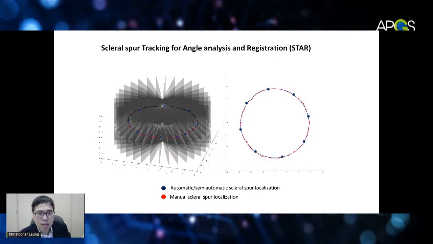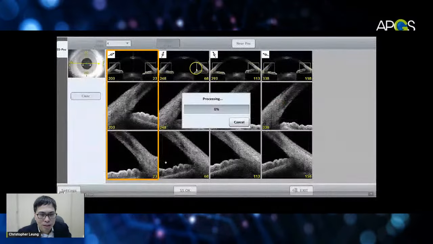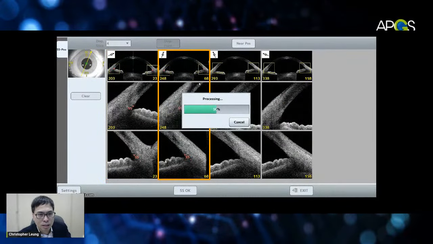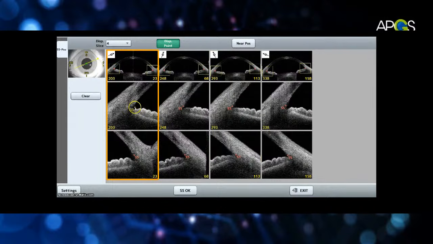So with either human assessment or AI assessment, you can rely on STAR to get a good picture of what's going on. This is just a video capture to demonstrate how this is now available in the Cassia 2 device. After less than 1 second of scan, we perform 18 radial scans on the eye.